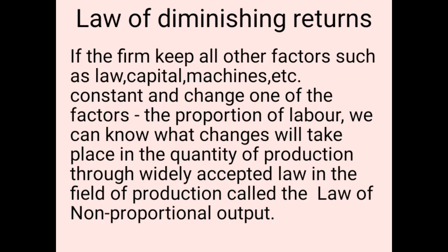In this process, production increases in the beginning. So what we need to study is what actually happens when we keep other inputs constant and change only one factor. In this process, production increases in the beginning.